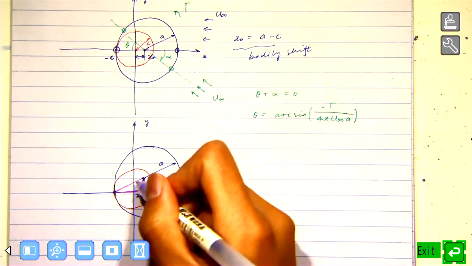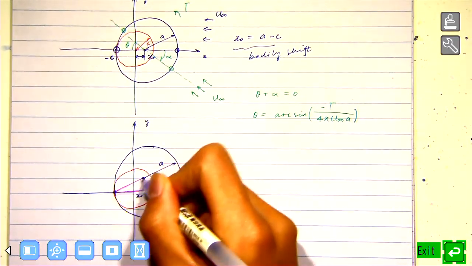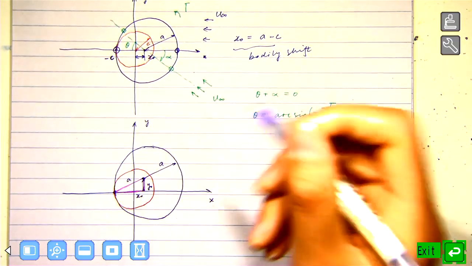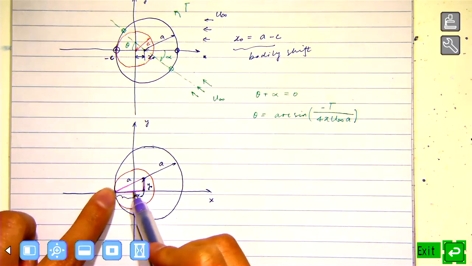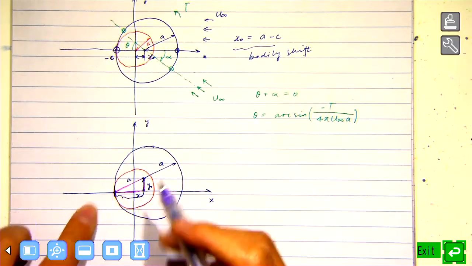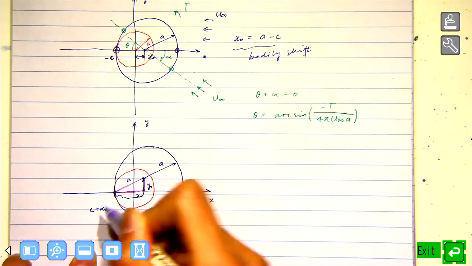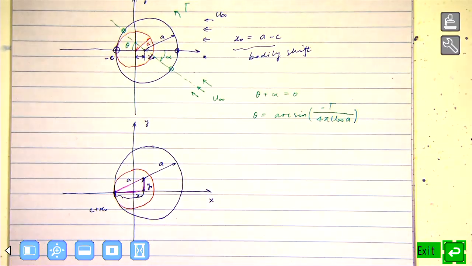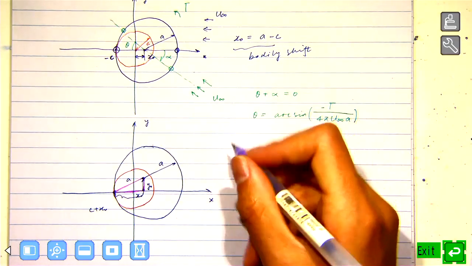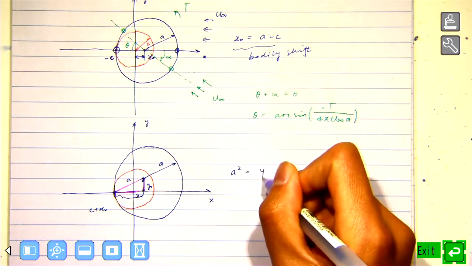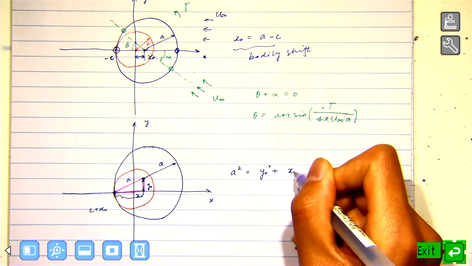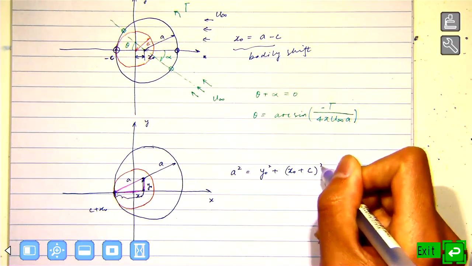You can see that the length of this edge is A, and the length of this is the radius of the Joukowsky circle plus x naught. So it's c plus x naught, and this one is just y naught. So from the Pythagorean theorem, A squared, this length, is equal to y naught squared plus x naught plus c, all squared.